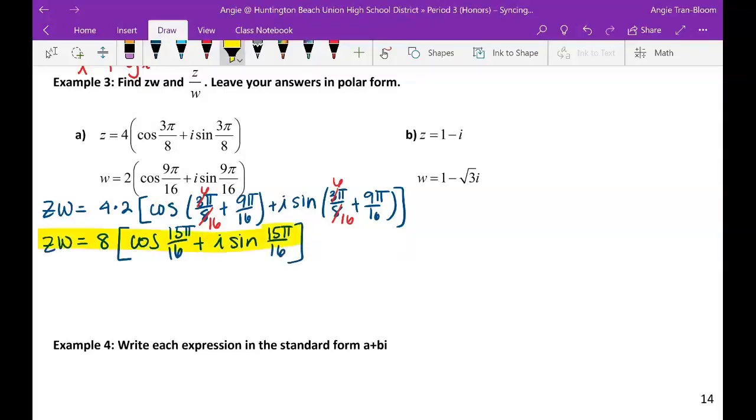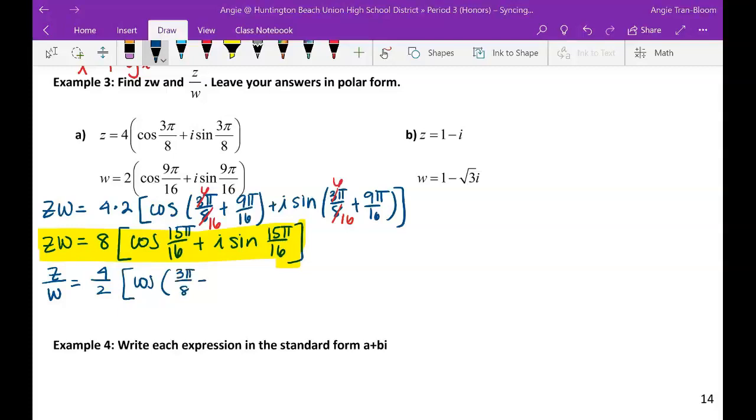So when we were reading the formula in class, it sounded really scary, but when you are really working it out, it isn't that scary. Now, what do I do when we divide? Just like a minute ago, we take the two radii and we divide them, and we subtract the angles.